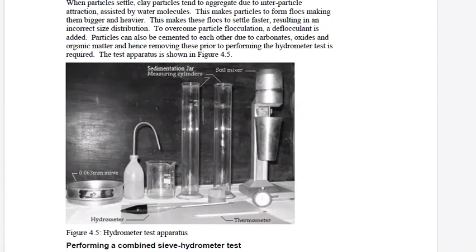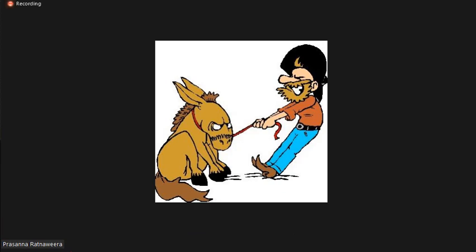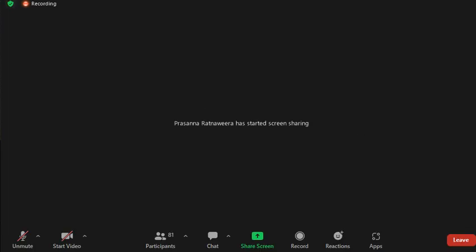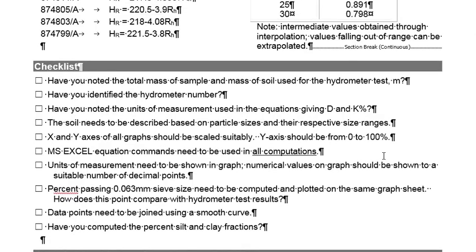So eventually, I will come back to the instructional manual. Let me share it again. Okay. So now I have been discussing the hydrometer test. There will be a checklist. Okay.